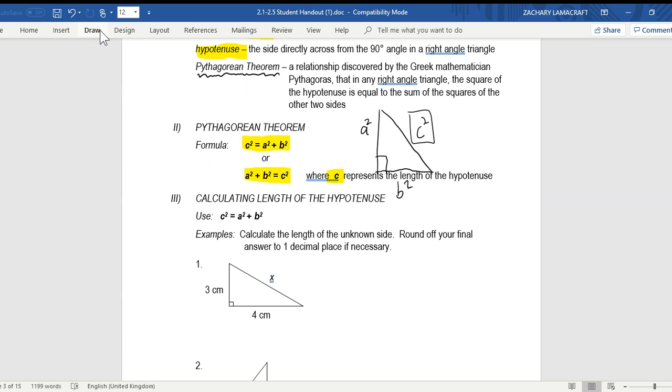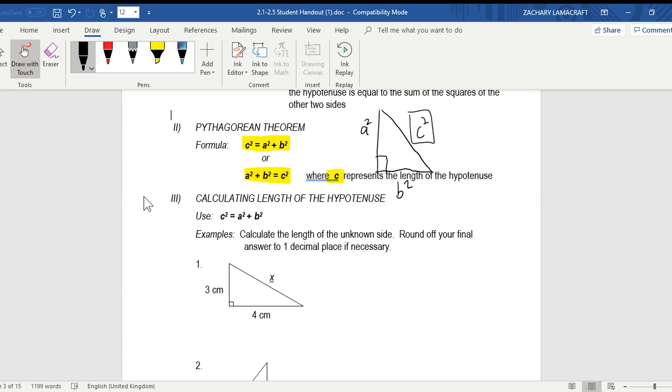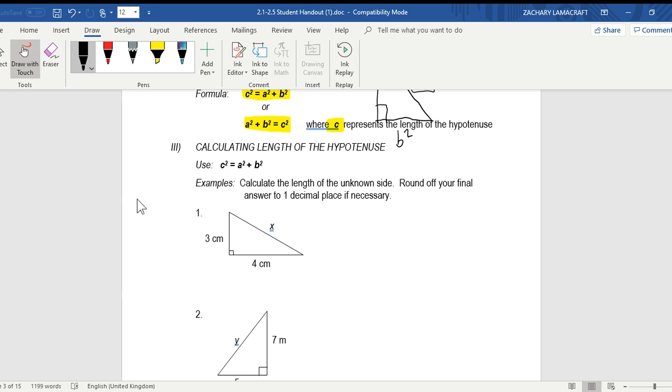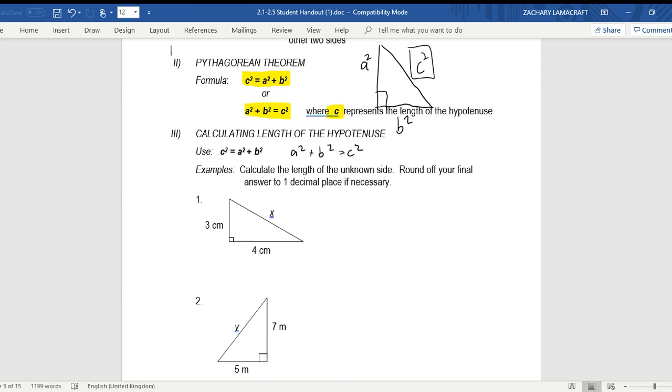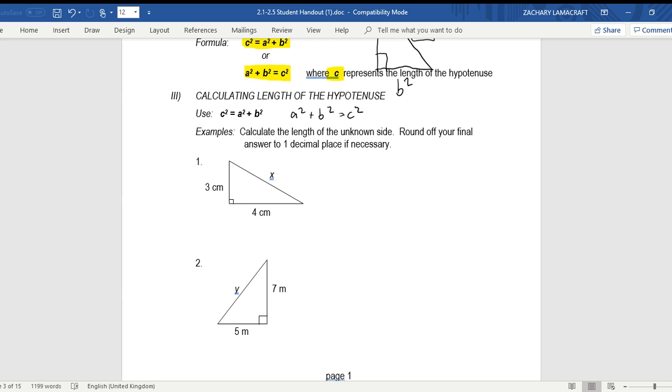So for this, it says calculate the length of the hypotenuse, and you can either use a squared plus b squared equals c squared, or you can put c squared equals a squared plus b squared. So I'll do both in either example here, but it says calculate the length of the unknown side.